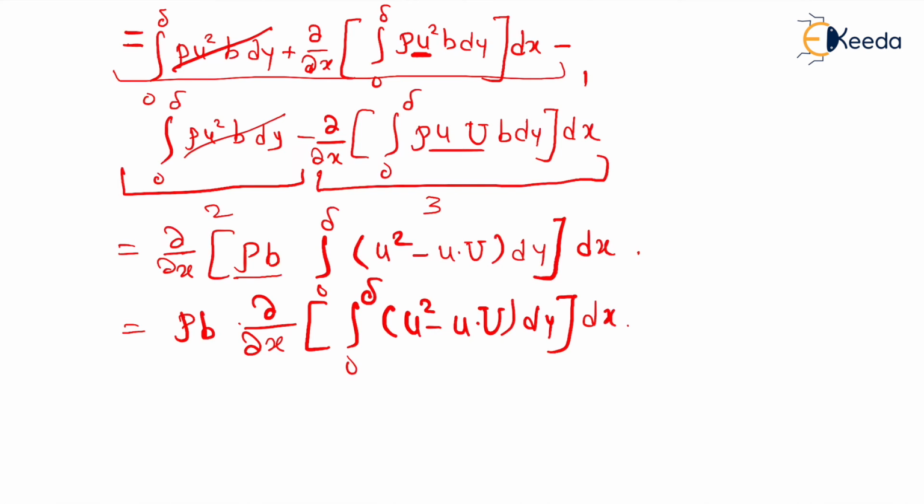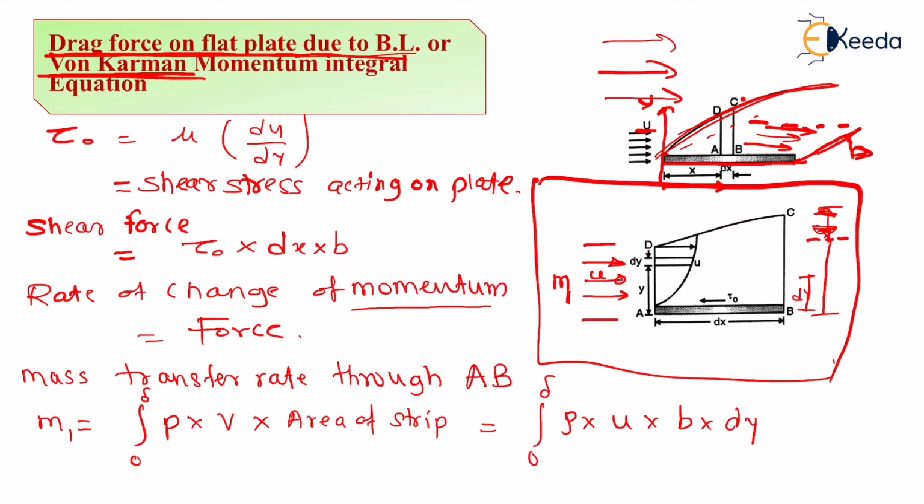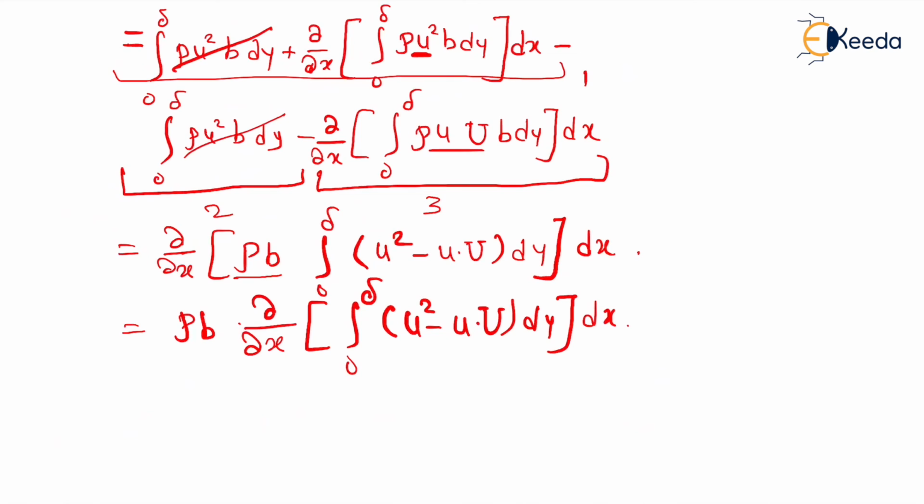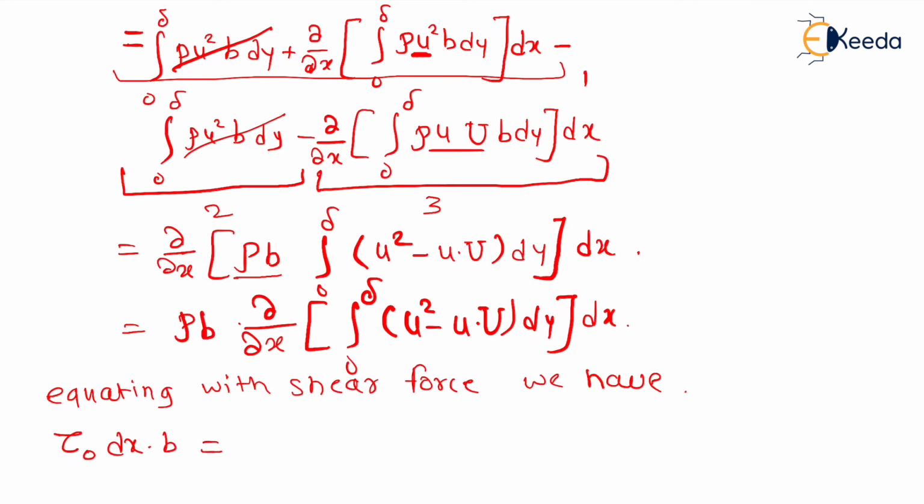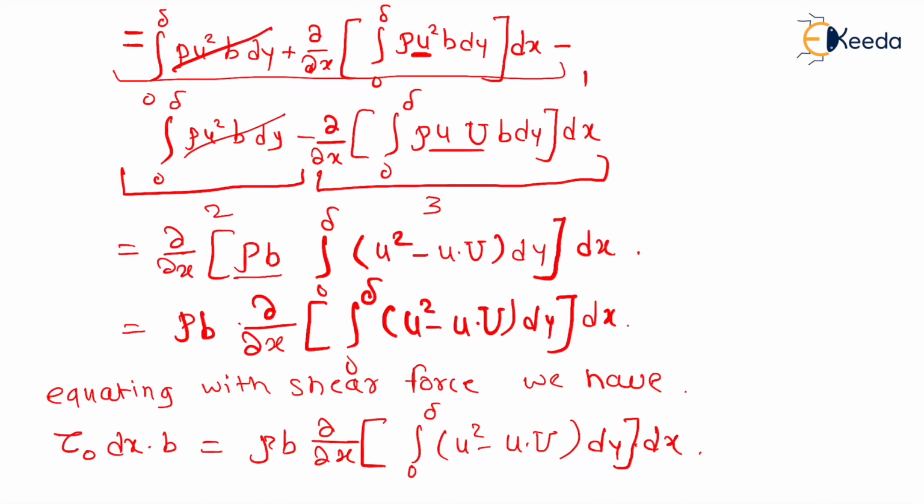This is the rate of change of momentum. Equating it with shear force, we have tau naught dx into b is equal to rho b ∂/∂x integral 0 to del u square minus u into capital U dy dx.